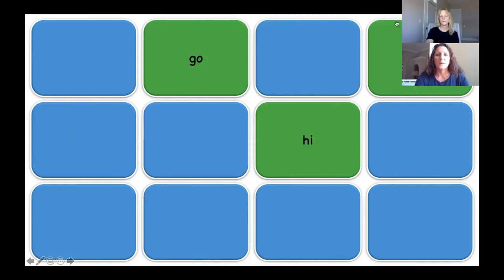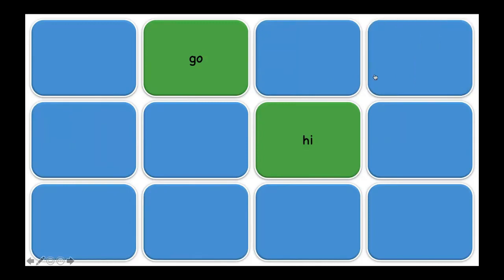Perfect. No. Buckle. Good. Corn. I had to move my screen again. Tribe. Do you remember where that other magic E word was? Bake. Good job. Very good.